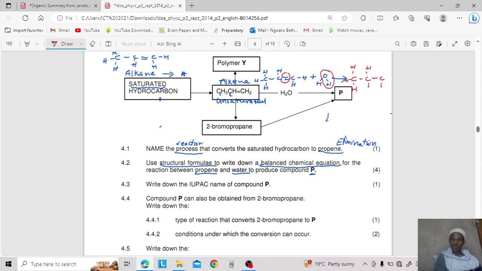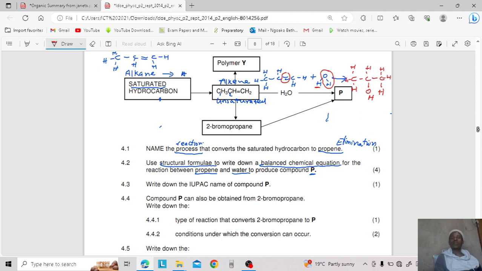I mean this one has only 2 hydrogens. Following Markovnikov's rule, this OH or this hydrogen, so there is hydrogen already, and which hydrogen is in between these two, or only this one. I mean the OH will come here.